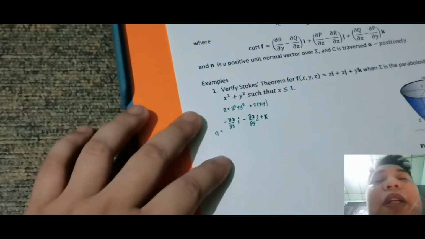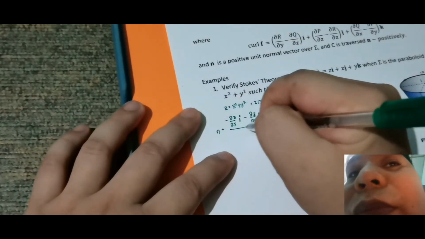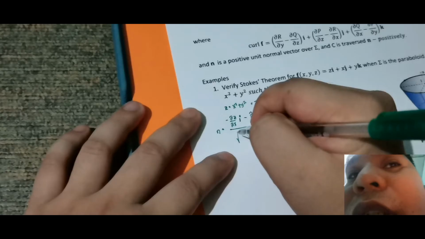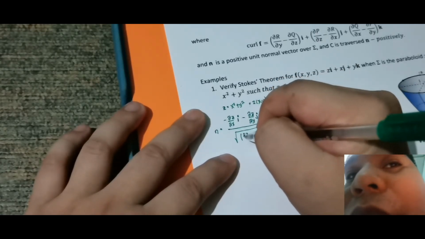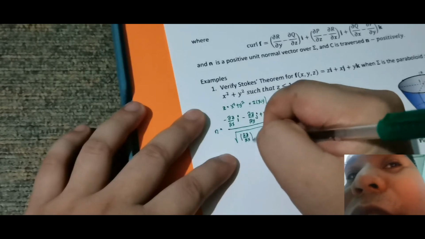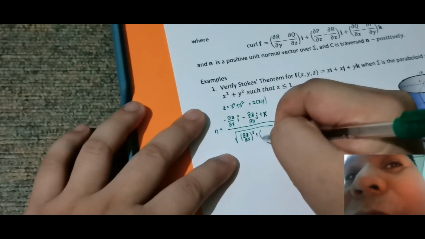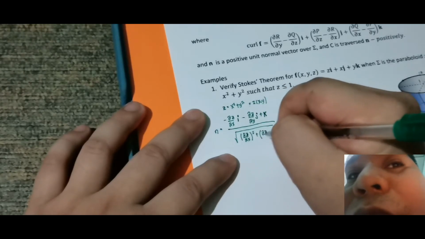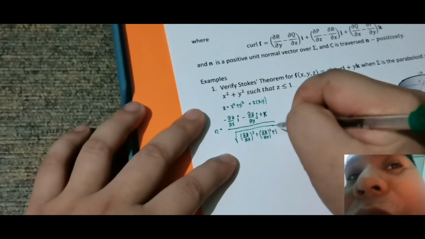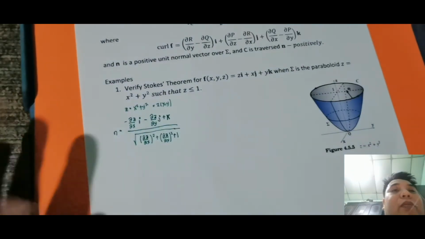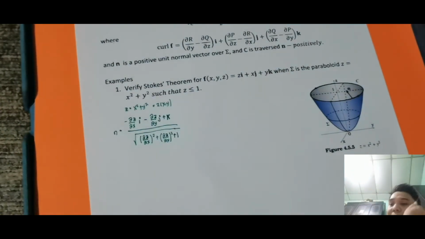Yan yung unang sa taas, all over square root ng partial derivative of z with respect sa x squared, plus partial derivative of z with respect sa y squared, plus 1. Tandaan, fixed na formula natin yan.